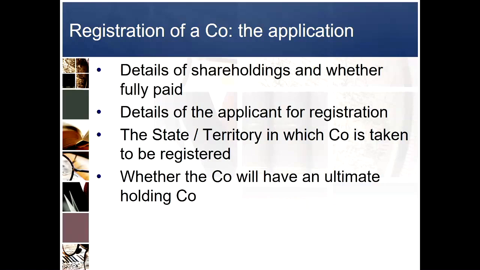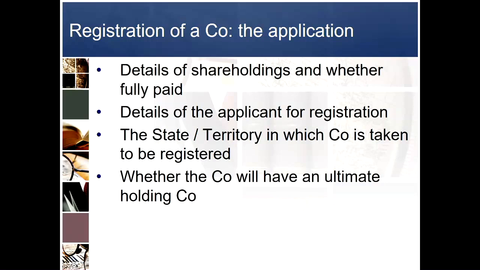Well, when a company registers, it can't just say, well, we're registering in Australia. They need to say we're registering in a particular state or territory for that reason. The other reason why it's important to say which state or territory is we need to say which laws apply, because remember we also used scenarios to say, well, there are industrial relations laws, there are environmental laws that apply in some states or territories that the states have the power to legislate for.